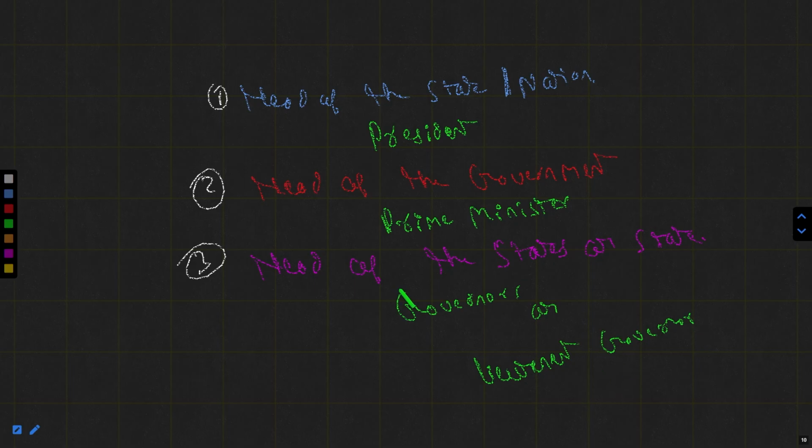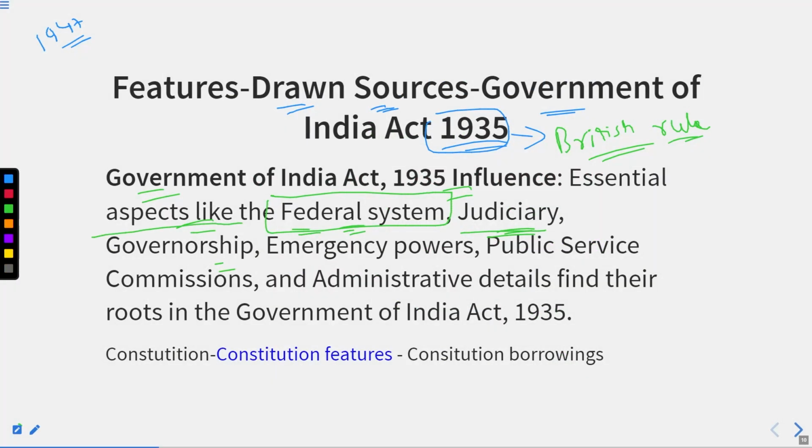And governors are also appointed for the union territories, so let me mention UT here. Head of the state or nation is president. Government is prime minister. States or UT is governor or lieutenant governor. So the concept of governorship has been taken from the 1935 Government Act.